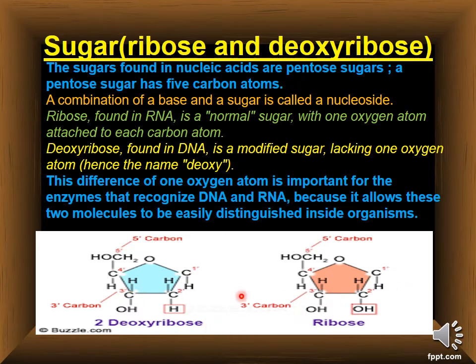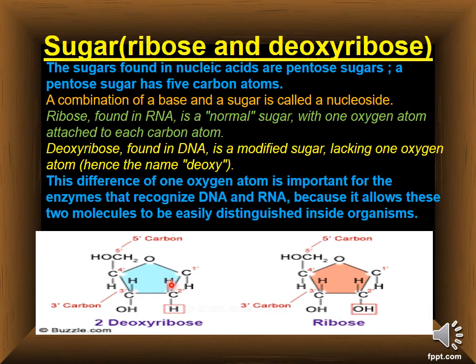Now look here, both deoxyribose and ribose. In the second carbon, observe here, in the second carbon, OH is present. This is normally the pentose sugar, where the sugar can always have oxygen, whether in the form of OH or only O with a connection.